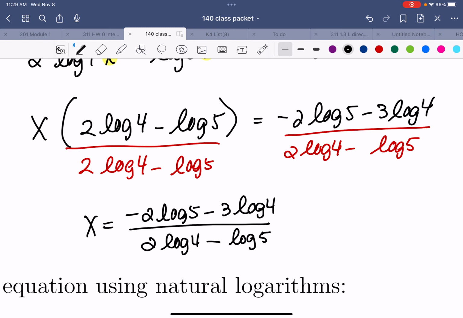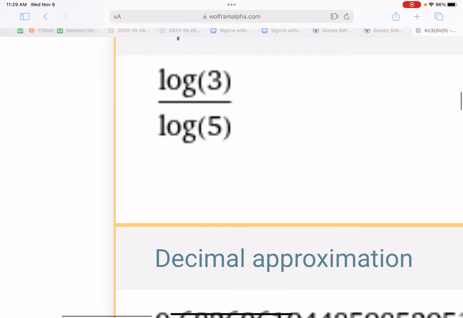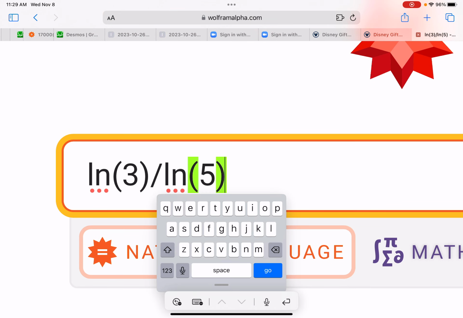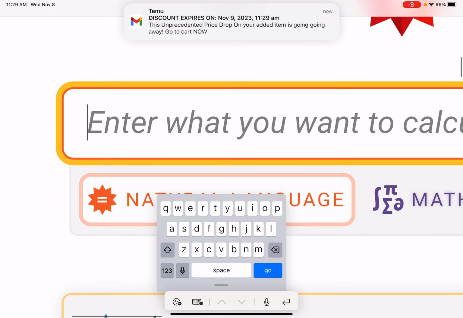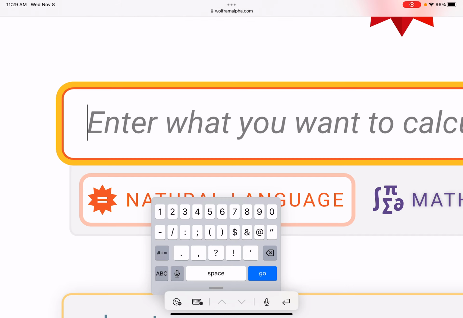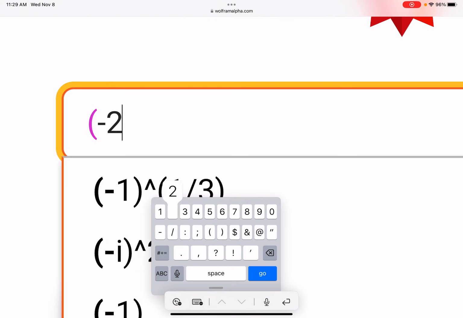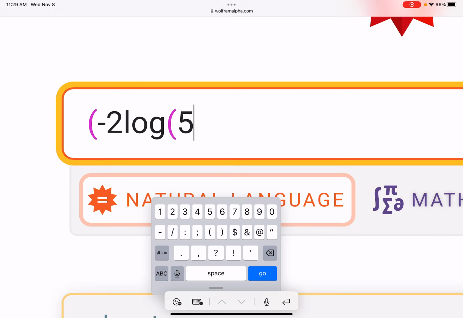All right, so we're going to then try to put this into our Wolfram Alpha. So here we go. I don't know why my keyboard got so small. All right, so parentheses first. Negative 2 log of 5 minus 3 log of 4.